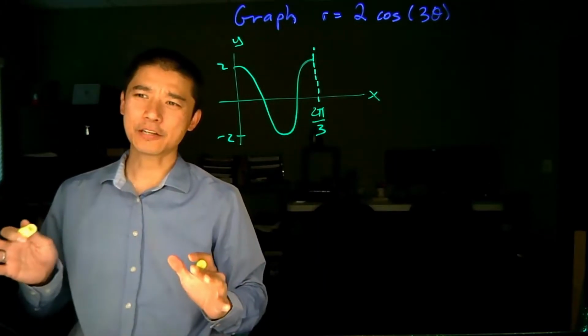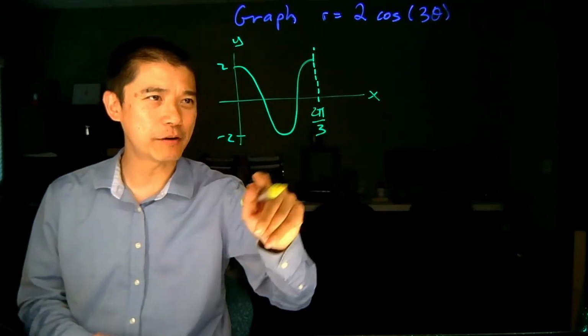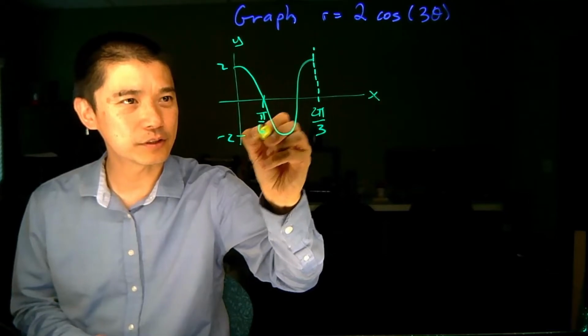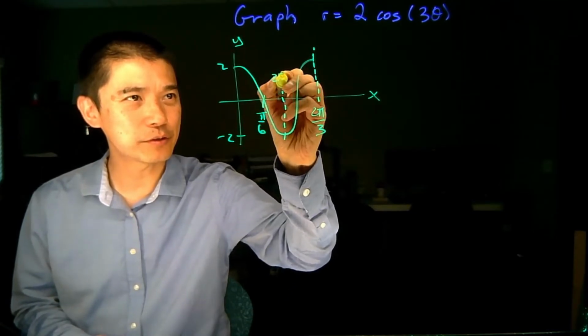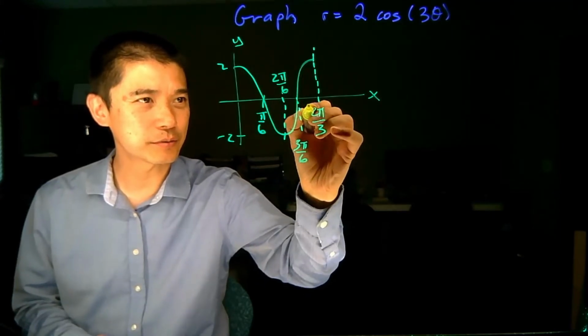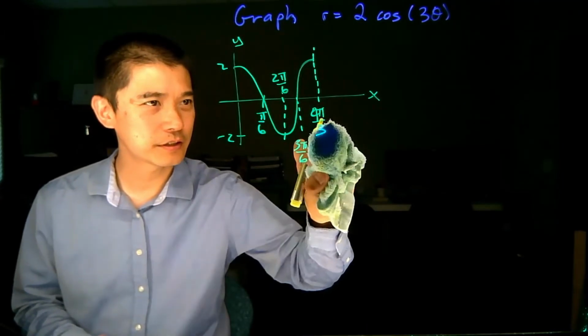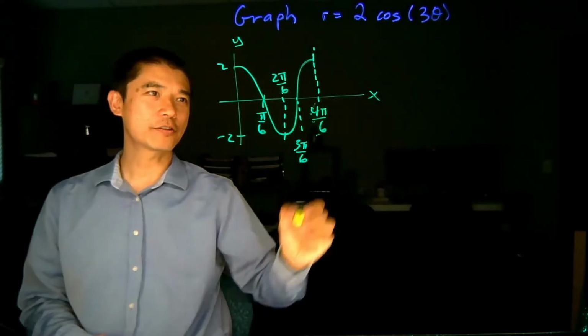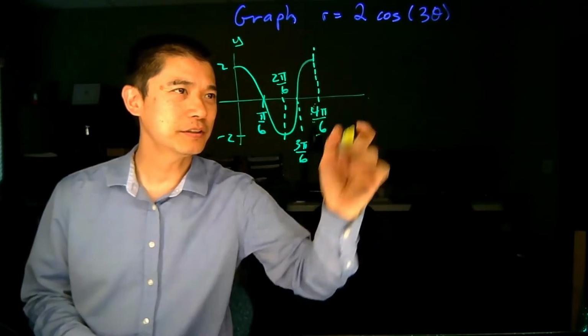Now we still need to think about our quarter periods, which is going to be 2 pi over 12 or pi over 6. So this is going to be pi over 6. I'm going to write that one as 2 pi over 6. That's going to be 3 pi over 6. This one's going to be 4 pi over 6. And this pattern is going to repeat. It's actually going to have another one.